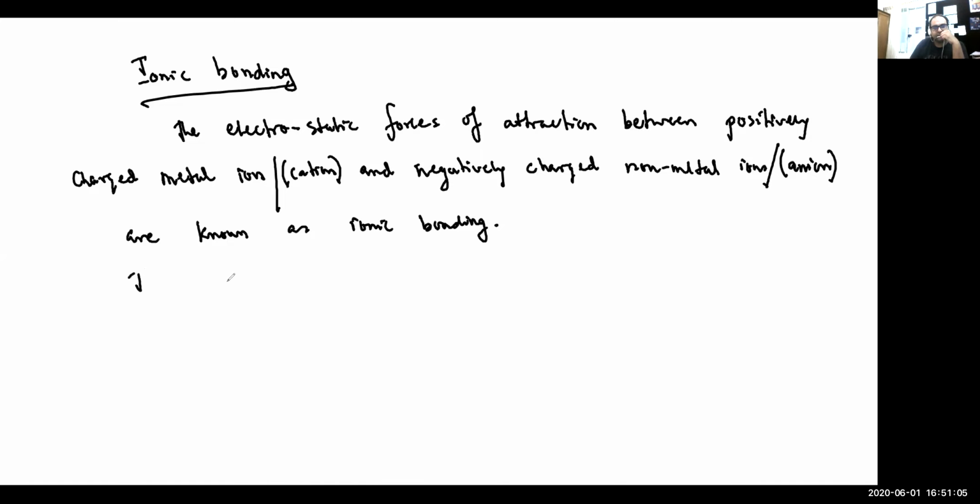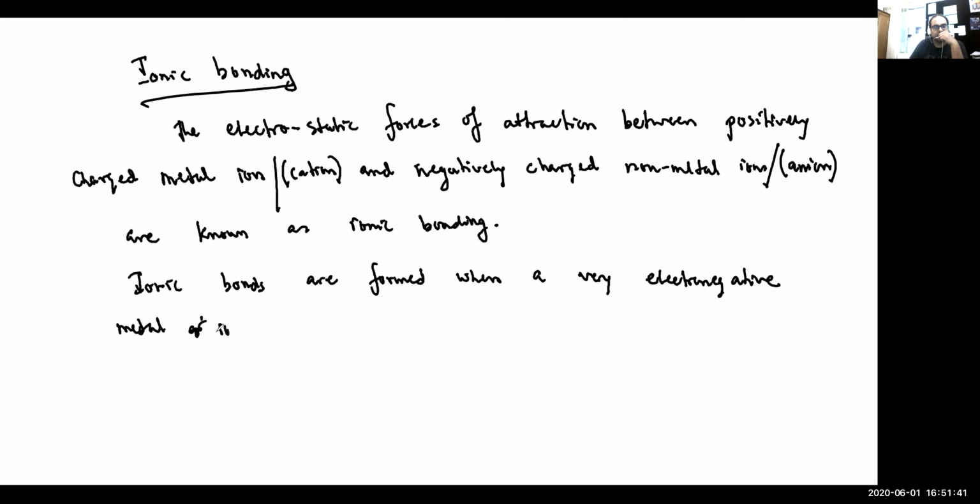So ionic bonds are formed when a metal reacts with a non-metal.